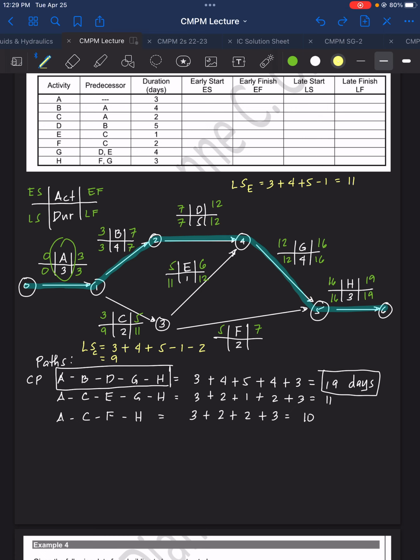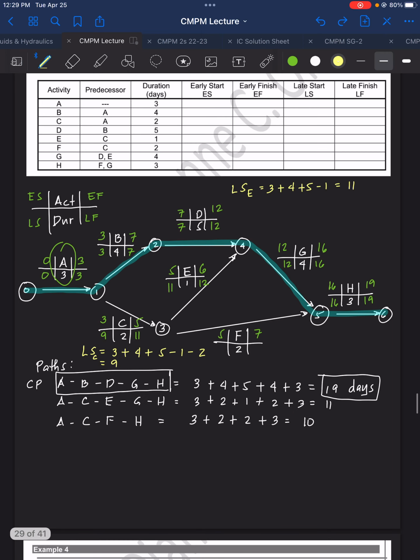Okay? So what we will do here for the late start for activity F is add activities A, B, D, G. So G ends with node 5, and then we will minus the duration of F. So that becomes your late start.